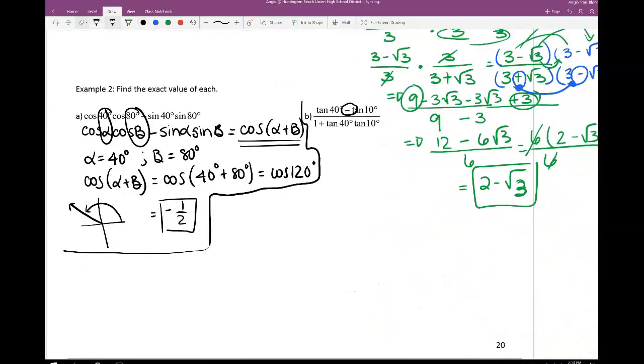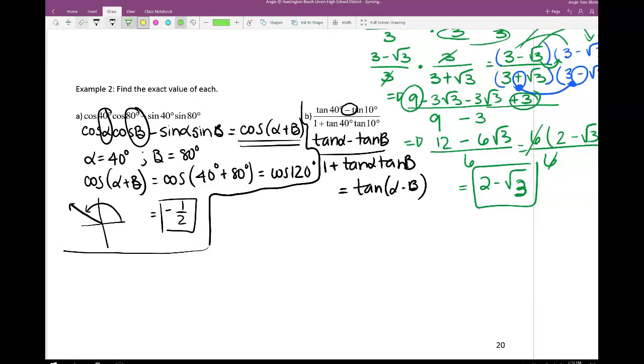So I'm going to write the identity first, okay? Tangent of alpha minus tangent of beta all over 1 plus tangent of alpha times tangent of beta equals the tangent of the difference, alpha minus beta, okay? Well, I know that 40 degrees is alpha and 10 degrees is beta. So alpha equals 40 degrees and beta equals 10 degrees.